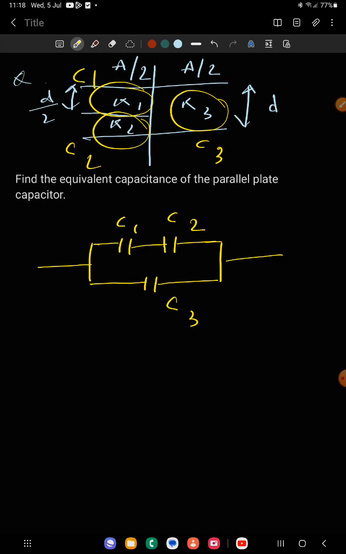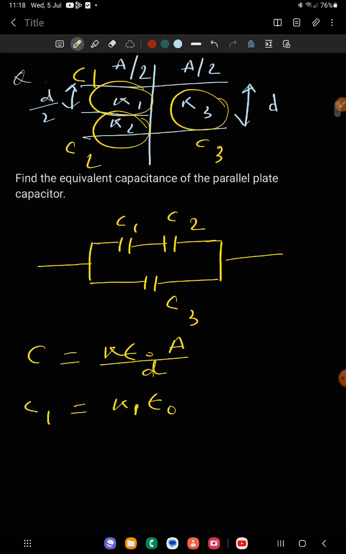As we all know, the capacitance formula for the parallel plate capacitor is dielectric constant K epsilon naught A by d. So from here we can say that C1 equals K1 epsilon naught A by 2 divided by d by 2, which is equal to epsilon naught K1 A by d.